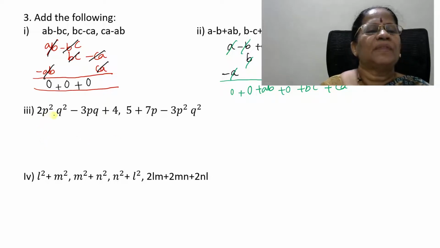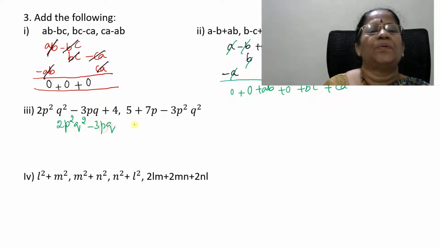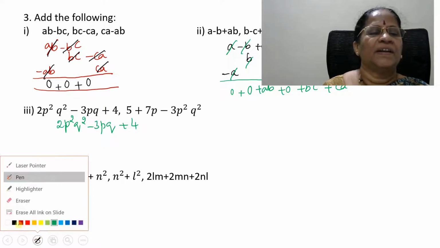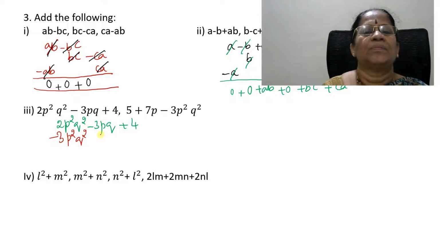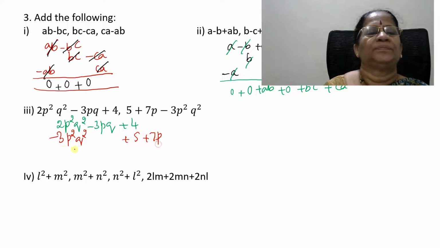Next, 2p square q square minus 3pq plus 4 and you are adding minus 3 p square q square, there is no pq term and you have 5 plus 7p.